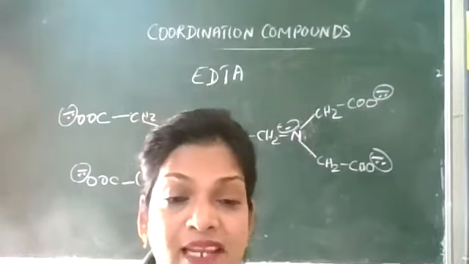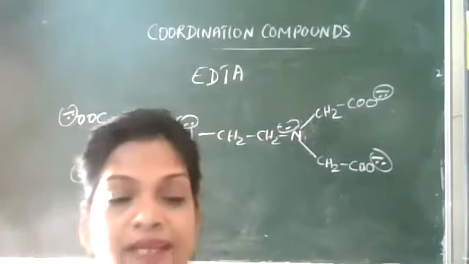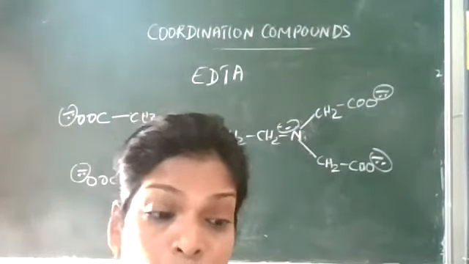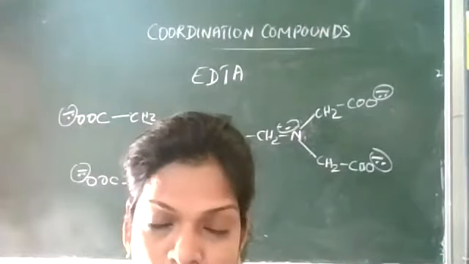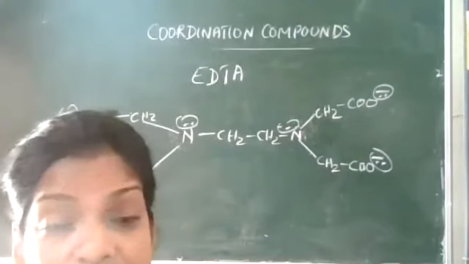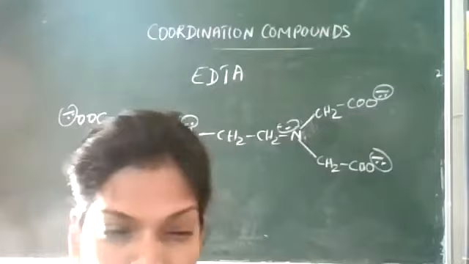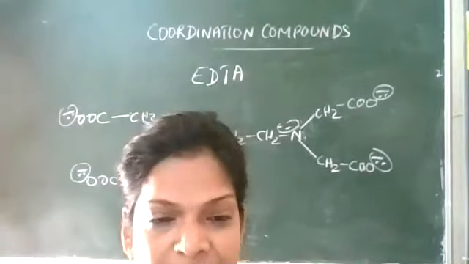What is meant by a chelate ligand? When a di- or polydentate ligand uses 2 or more donor atoms to bind a single metal atom or metal ion, that is called a chelate ligand. Chelation means ring structure, just like an octopus locking the central metal atom from 8 sides.